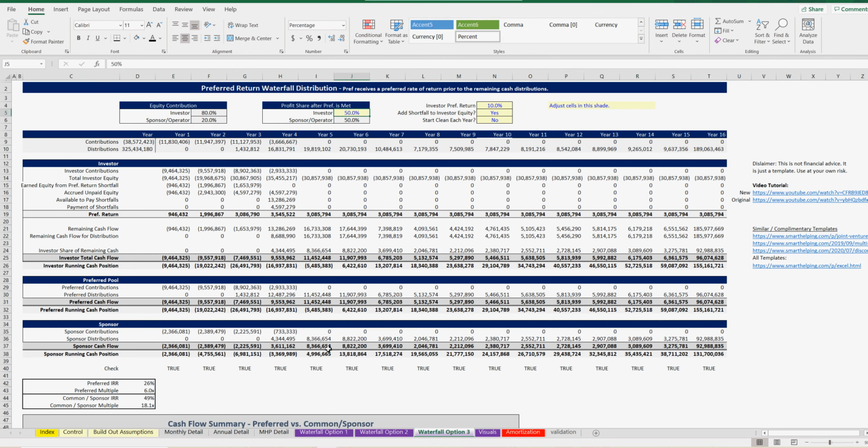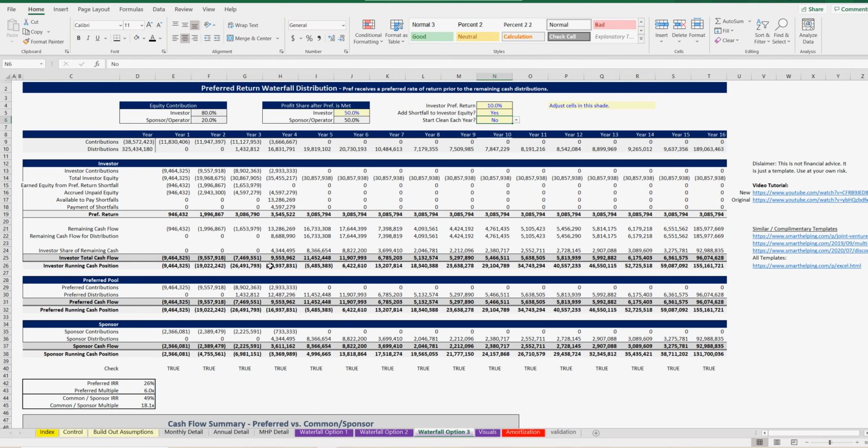It's very similar to the preferred equity, except there's no logic that says the pref has to get their initial investment back. They just get a certain return, and that can accrue or not, depending on what you want to put here. After that return has been satisfied, that's why it's called preferred return waterfall and not preferred equity.